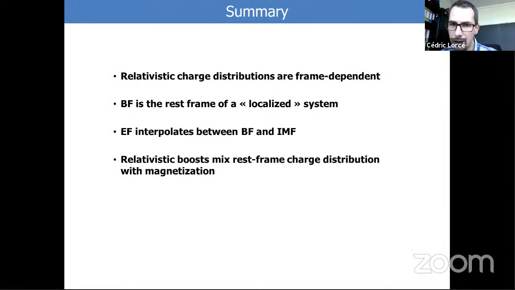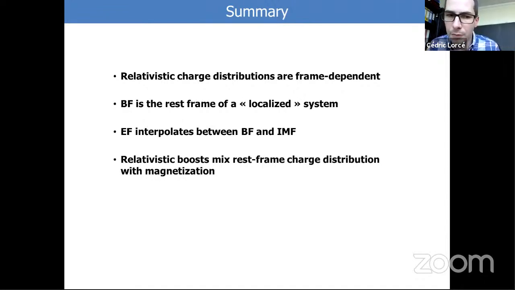So this brings me to the summary. The message I would like to convey, things that we already know, but here with a more precise description of what this means, is that relativistic charge distributions are necessarily frame dependent. Unlike the non-relativistic ones, the relativistic charge distributions depend on the momentum of the system.